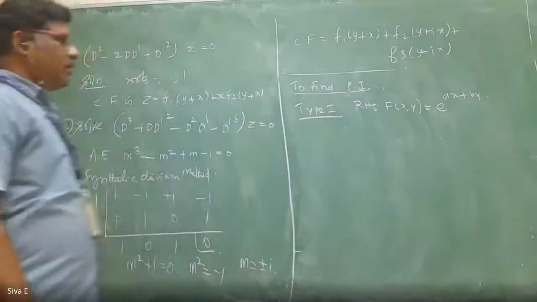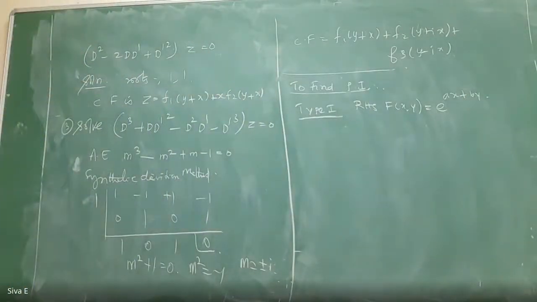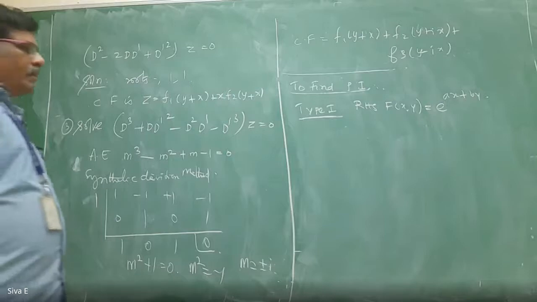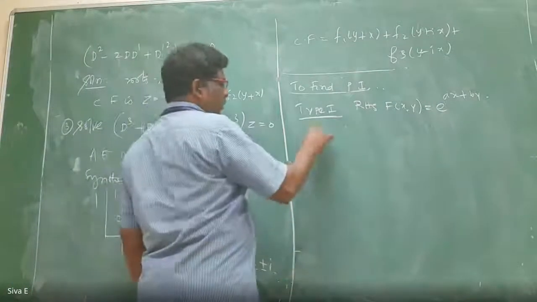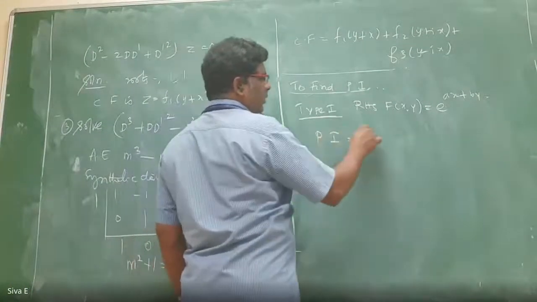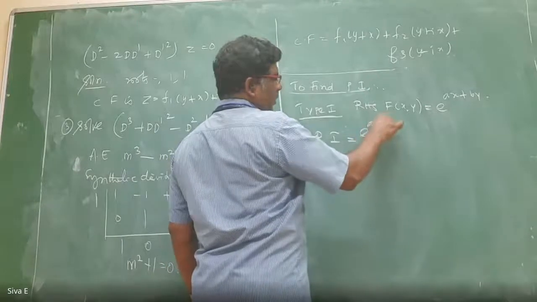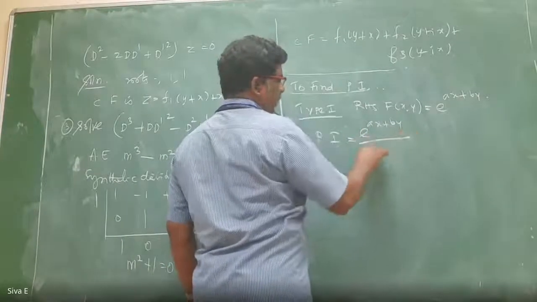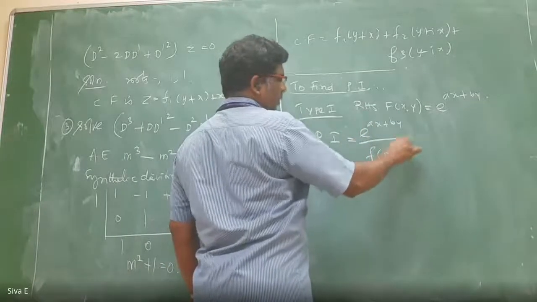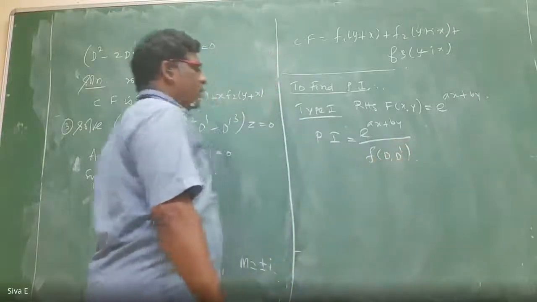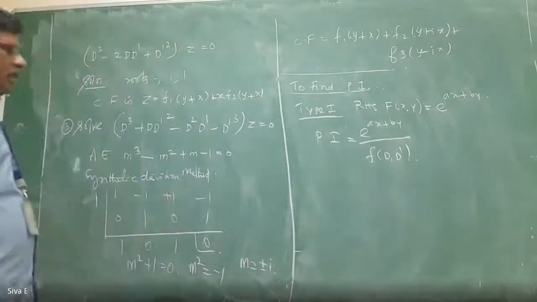Then the particular integral can be written as e power ax plus by divided by f of D comma D dash. That's the right hand side by the left hand side.